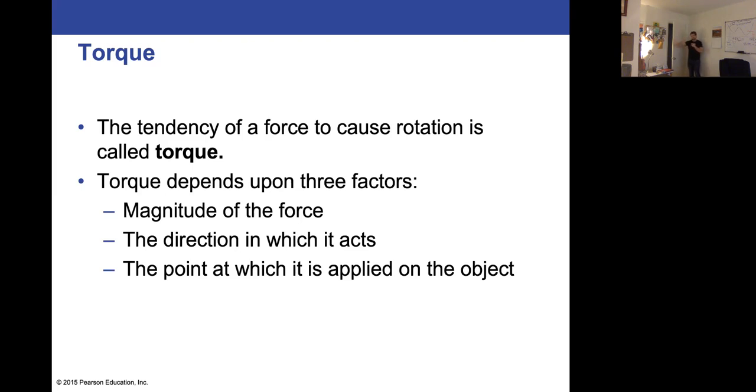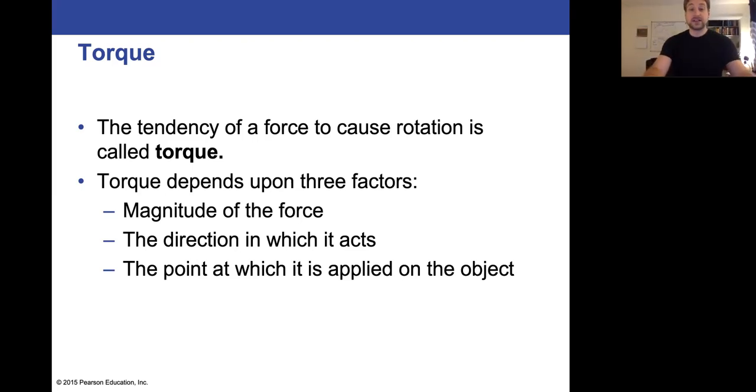If I use the same strength and push at the door, like really, it closes almost all the way. Magnitude of the force, its direction, and the point at which it's applied relative, again, to the axis around which we're going to rotate.